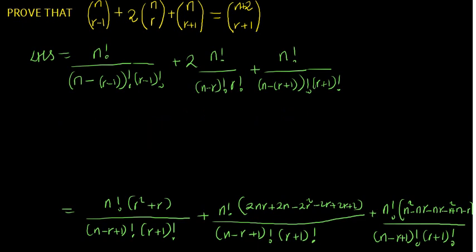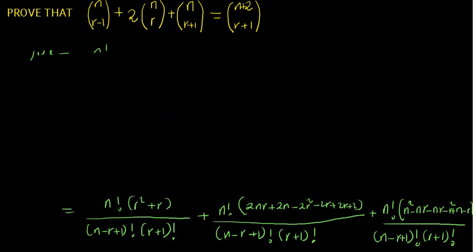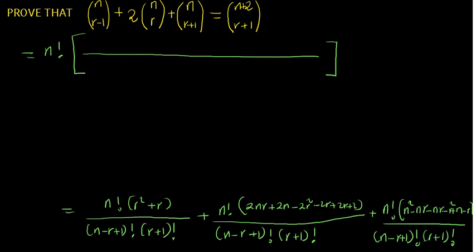Now that the bases are all the same here, we can see that n factorial is common on top on everything. So I'll factorize out that n factorial. I'll put n factorial there. In the denominator we are going to have n minus r plus 1, which is common for everything, and then also r plus 1 factorial is also common.